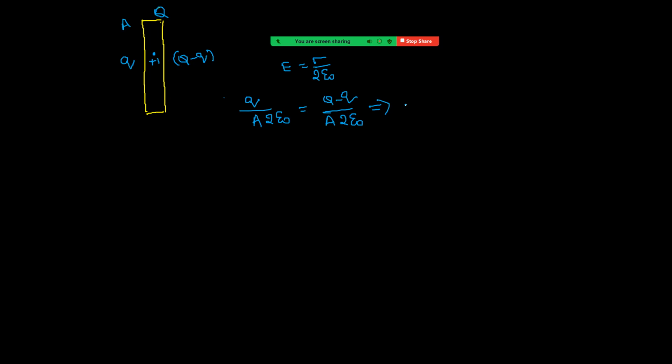Remaining is q equal to Q minus q. That implies q equal to Q by 2. That means now this charge distributes uniformly on both faces. So the key point is, inside the conductor, the electric field must be zero, right? Let us see the next one.